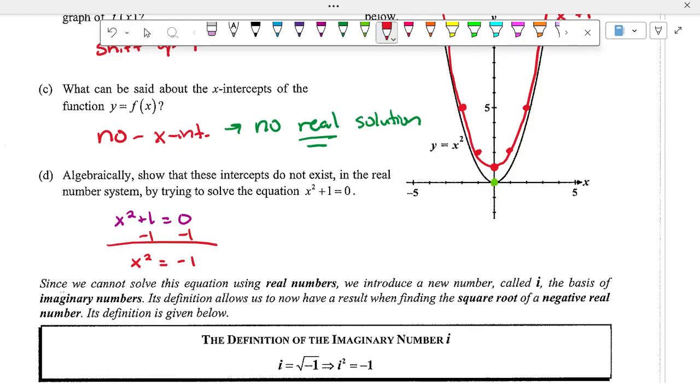Someone else. How do I get the x by itself? Get rid of the square. We've been doing it for like the past 3 days. How do you get rid of a square?